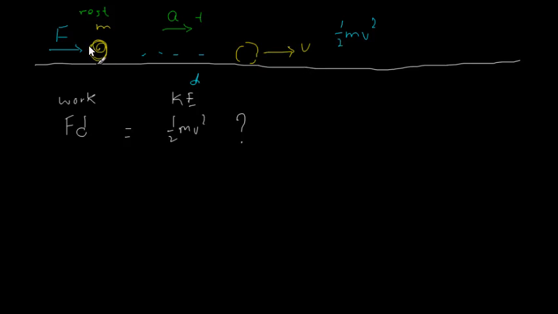Now let me start by writing down the two main formulae that I shall need. I need a formula to relate the force to the acceleration, and I need a formula to relate the acceleration to the distance, maybe time and velocity. So here we go.